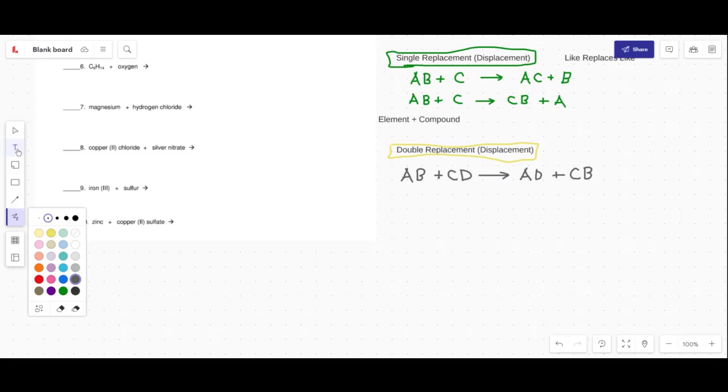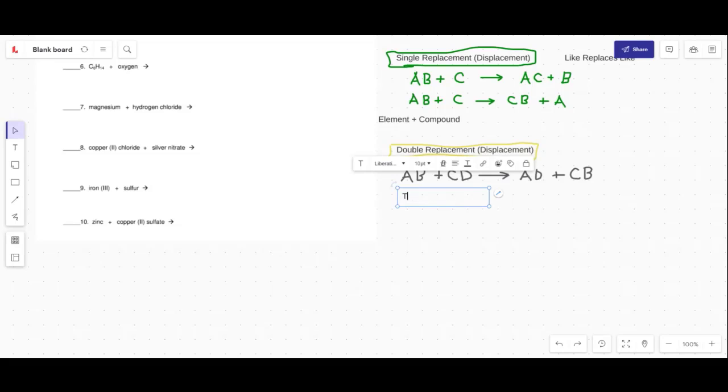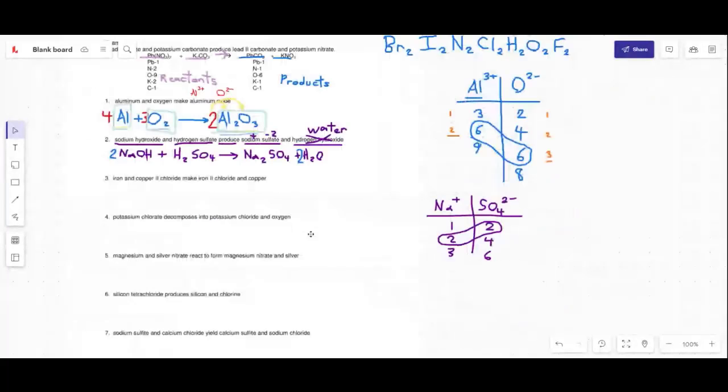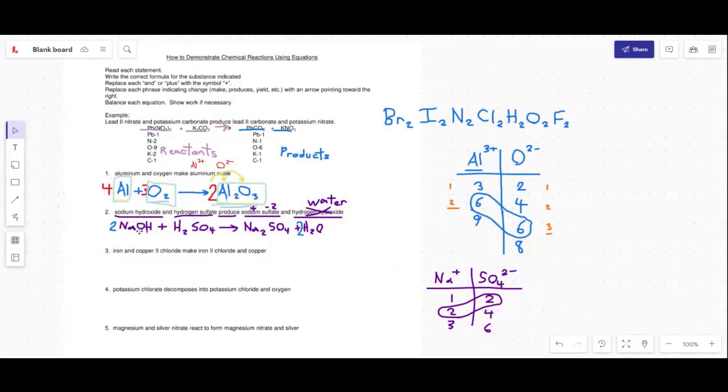So you can always tell a double replacement reaction because there's going to be two compounds reacting, usually ionic. An example of a double replacement reaction is the one that we did up here, NaOH and H2SO4.